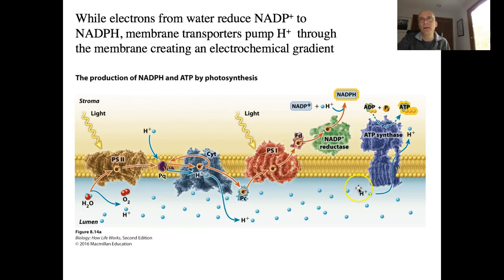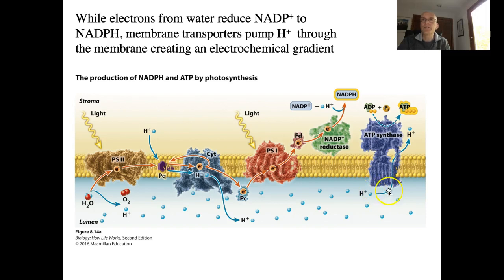And now we have another membrane protein. I haven't talked to you about this yet at all. We have just talked about this part so far. Now comes this ATP synthase, and that is a transmembrane protein. So it spans the membrane, it goes all the way through the membrane, that allows the hydrogen to flow through, just like it does in the mitochondrion. And when it does that, also just like in the mitochondrion, there's some sort of a molecular mechanism in there that you can think of like a rotor, or a blade of a rotor.